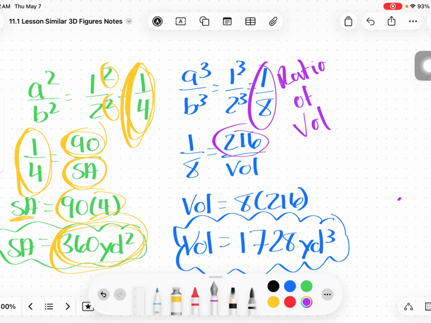If I divide it by the volume of my larger shape, those two should reduce to 1 over 8. Again, I can cross multiply. 1 times the volume gives me just the volume. 8 times 216 over here gives me 1,728 yards cubed. So this is an application of how we can use those ratios and one dimension from one shape to find the dimension in the other shape.